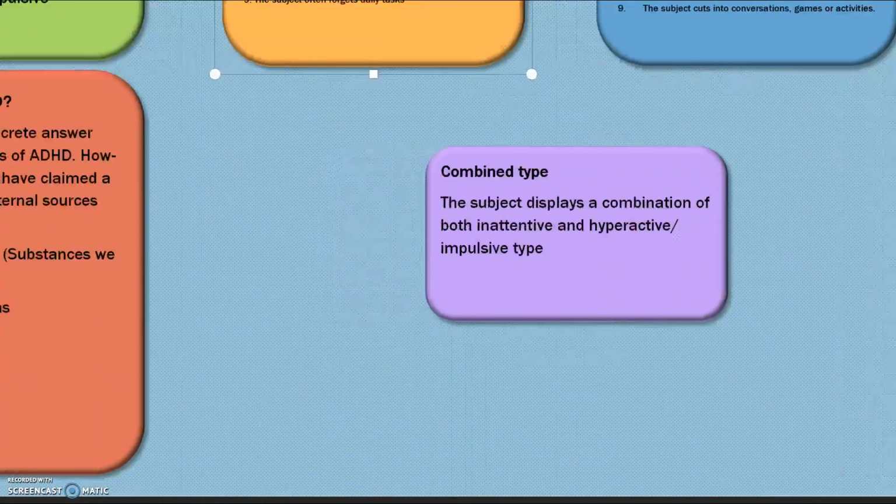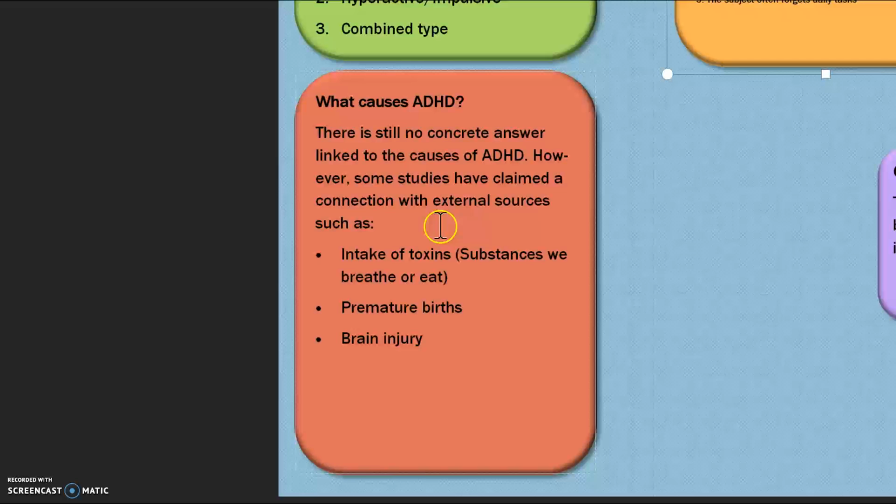Okay? What causes ADHD is still not known, but with studies that have been done, it has to do with the components that go in the body of a pregnant mother. So this could be the things that we breathe or eat. A lot of it has to do with lead.